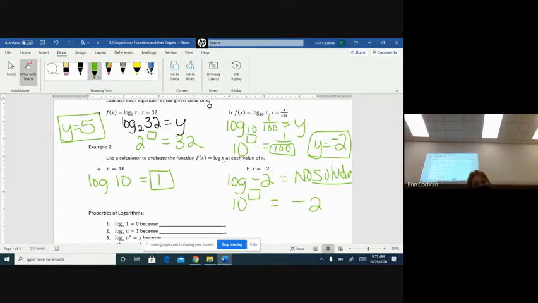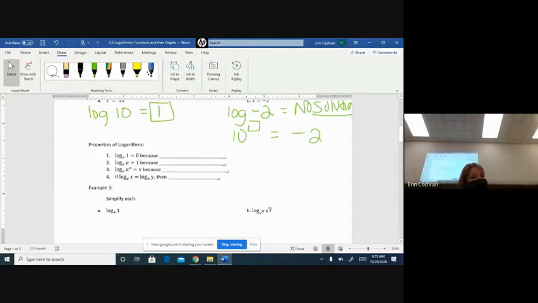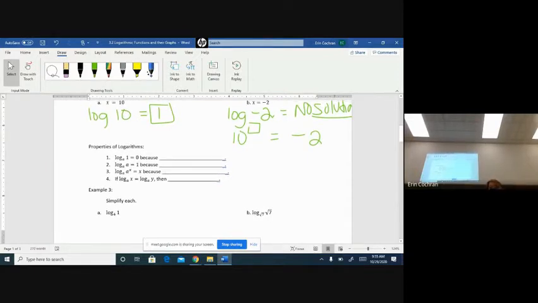Okay. All right. So here are our properties. If I have log base A of 1 equals 0, why do we say that the log base A of 1 equals 0? What's my base? A. We're raising it to what power? 0.